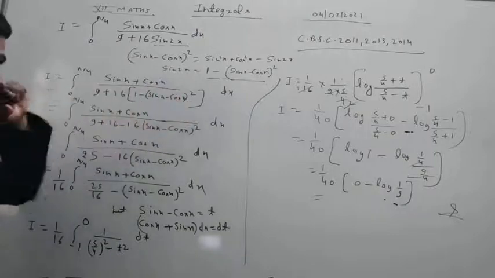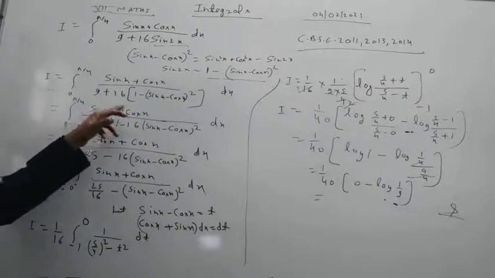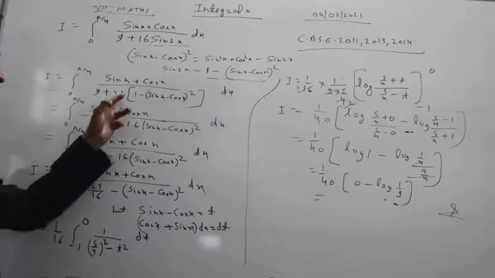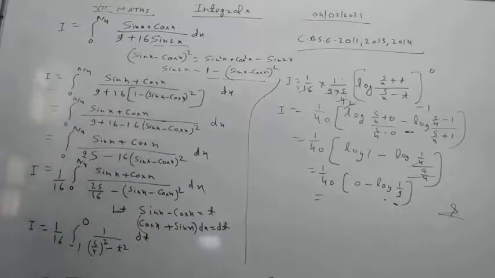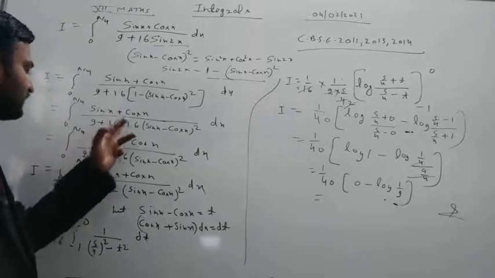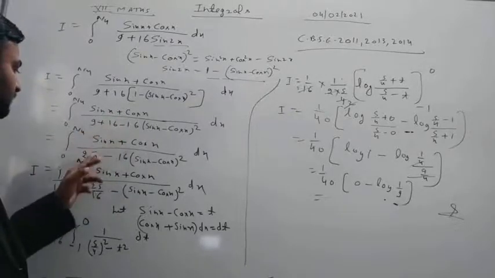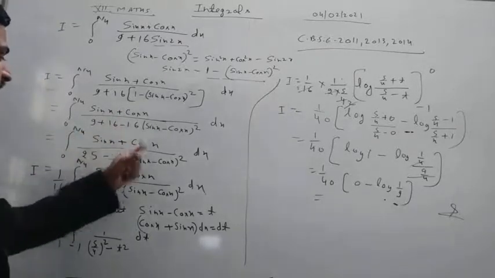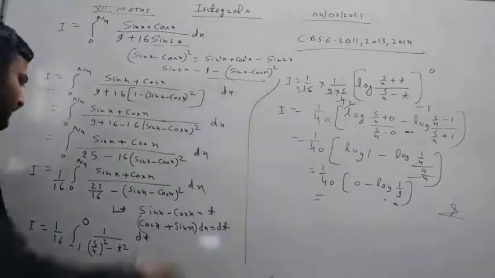Okay, so we can put this at the place of sin 2x: we write 1 minus (sin x minus cos x) whole square. Here, the integral from 0 to pi by 4 of (sin x plus cos x) by (9 plus 16 minus 16 (sin x minus cos x) whole square) dx, which is equal to 25 minus 16 (sin x minus cos x) whole square dx.